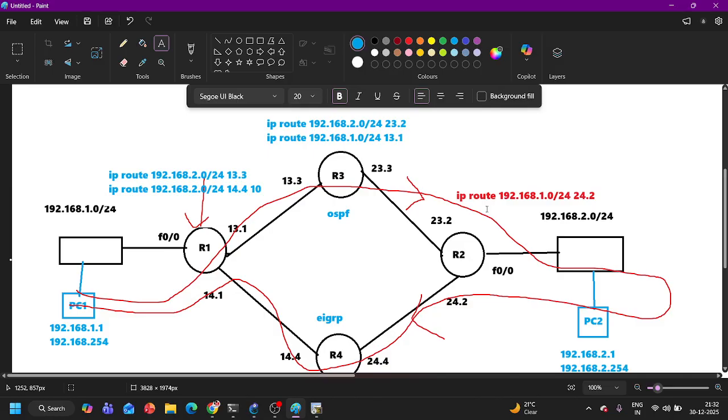But in static routing, when we are configuring multiple static routes, you are defining the policy. It is not using any parameter or formula to calculate the best path. Only you are telling about the best path. Router is not deciding anything. If you want to forward traffic to router number 3 for this subnet, you can set the next hop. If you want to forward via router number 4, it will set.